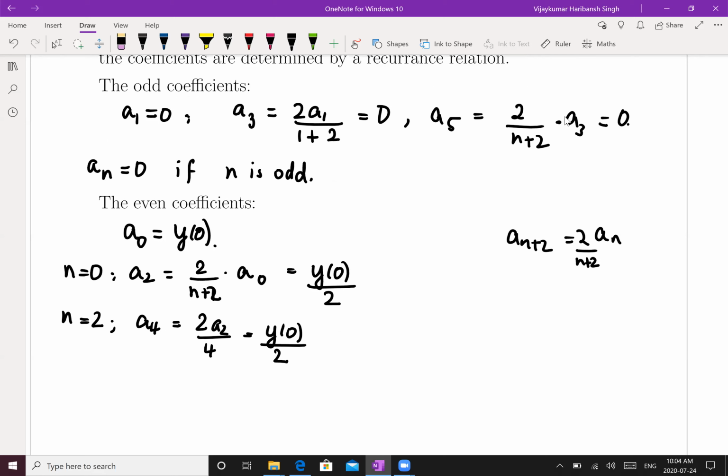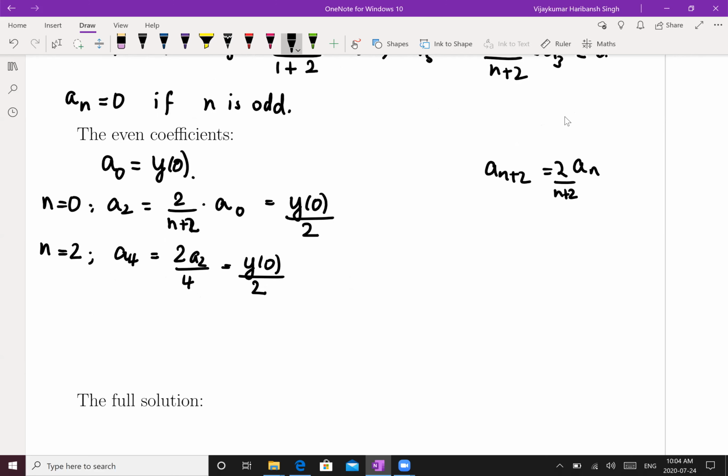So when n is 2, we get a4 is 2 a2 over 4. Okay. Now when n is 4, we see that a6 is going to be 2 a4 divided by 6, which is going to be y0 over 2 times 3, right?